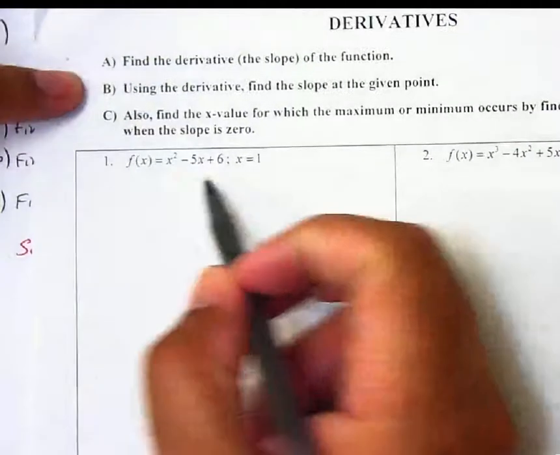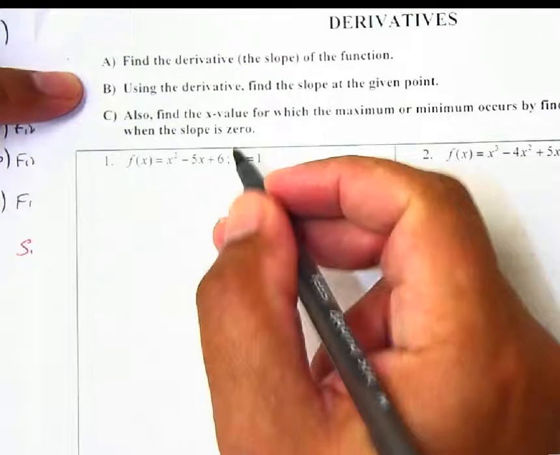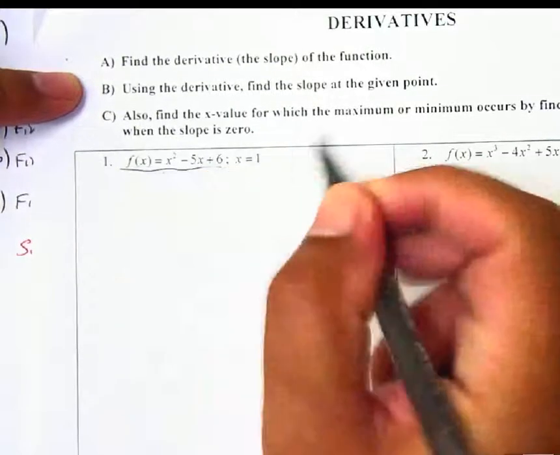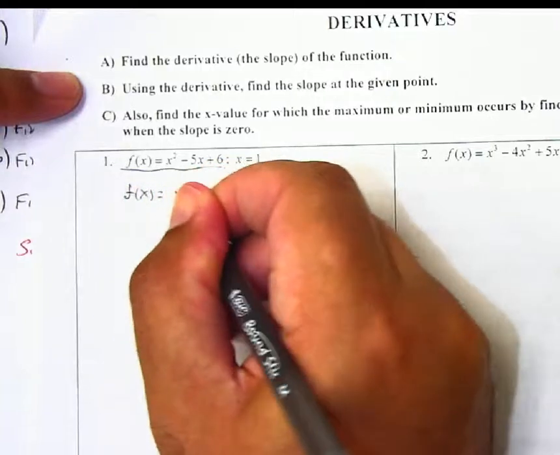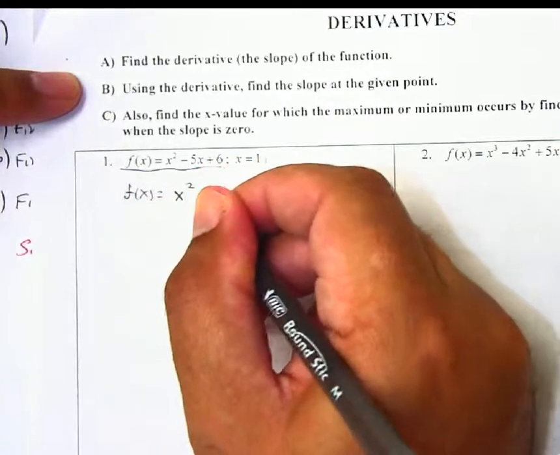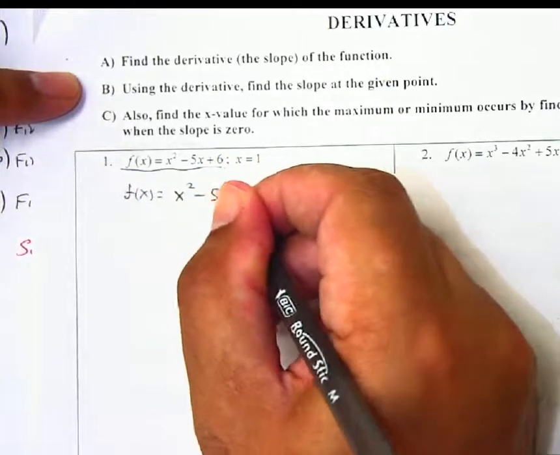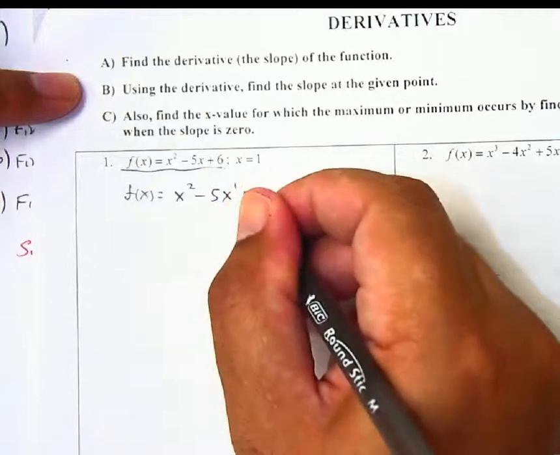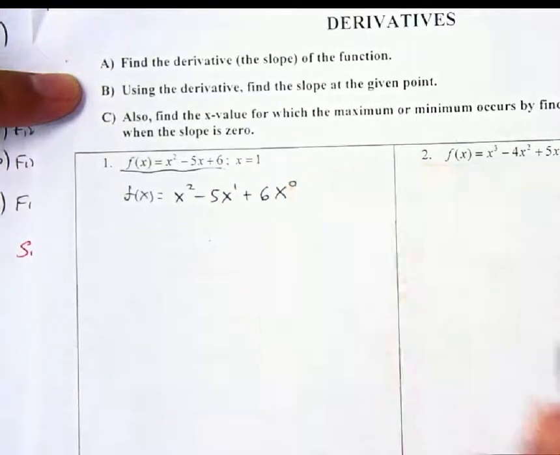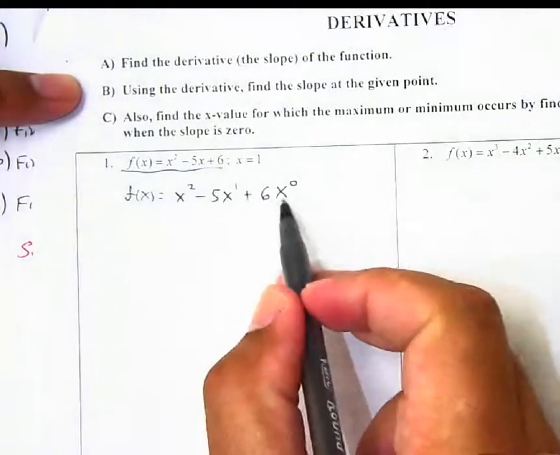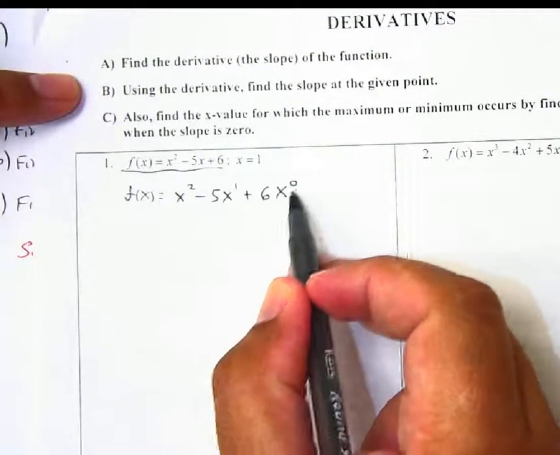Okay, problem number 1. Let me rewrite the equation, making sure that every term has an exponent to make things a little bit easier. The 6 is by itself, so I'm just going to put an x to the 0, which is 1.